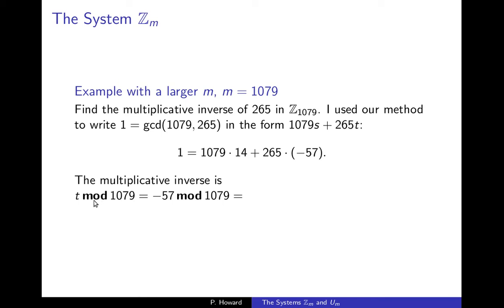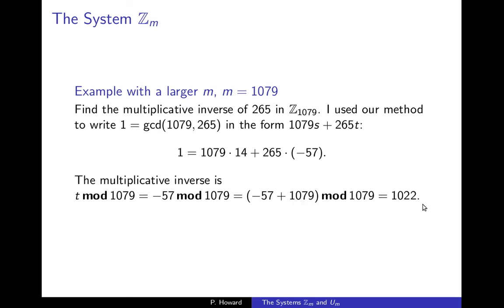So the multiplicative inverse is t mod 1079, or minus 57 mod 1079. Inside this mod, I will add 1079 using the inserting and deleting multiples of m lemma.